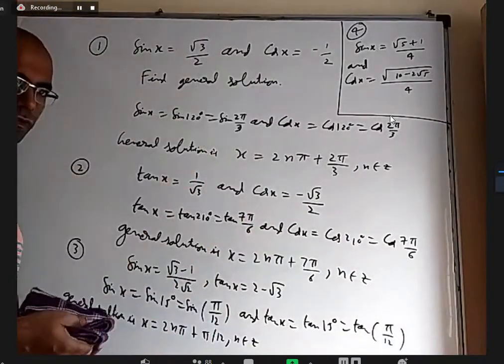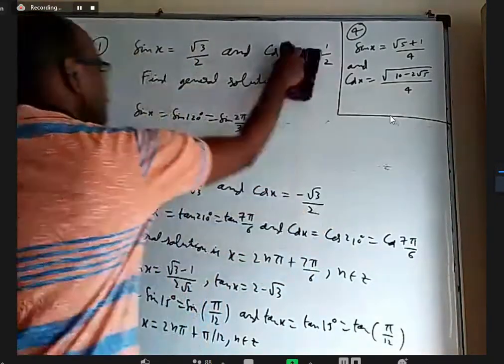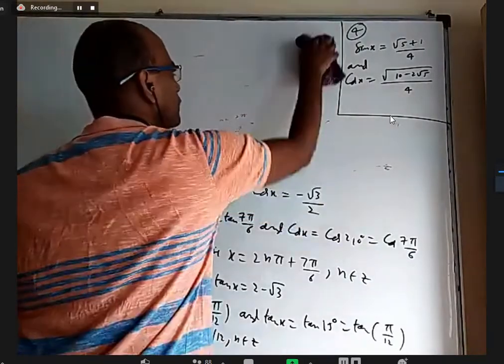Anybody want to tell me now, for this fourth one, what is the value? Yes, it is sine 54, complementary, 90 minus 36.